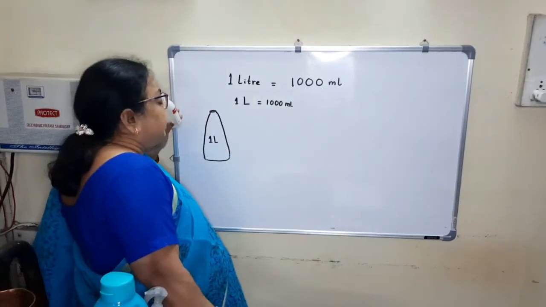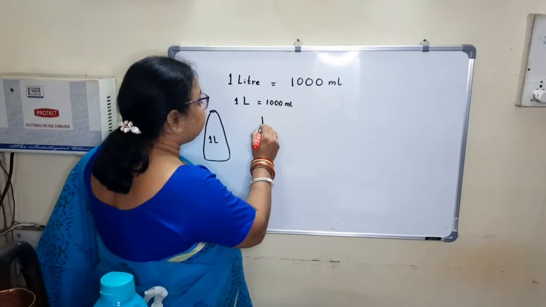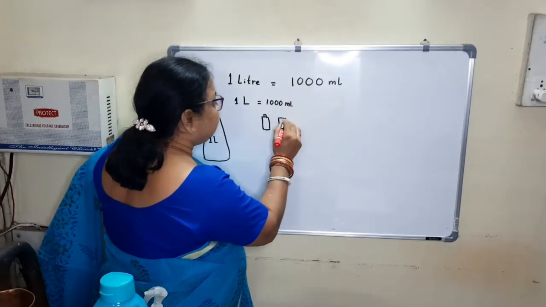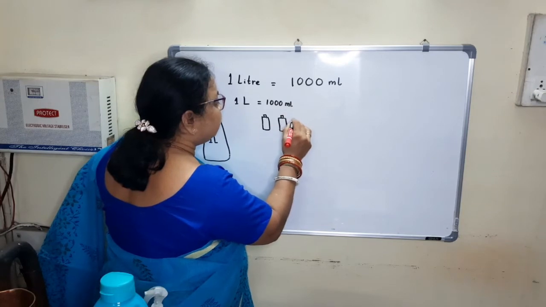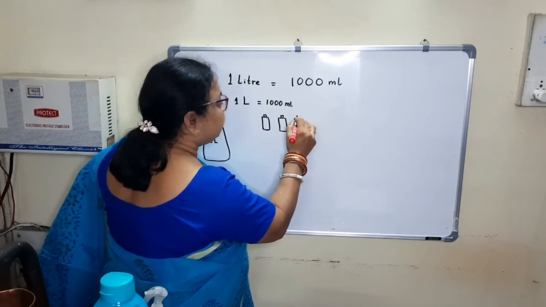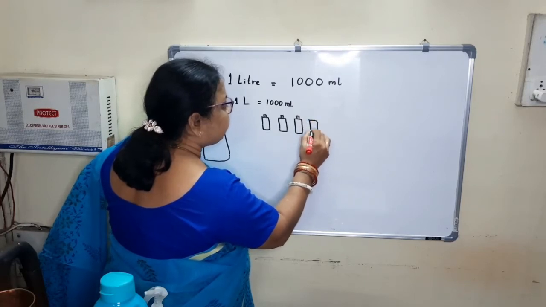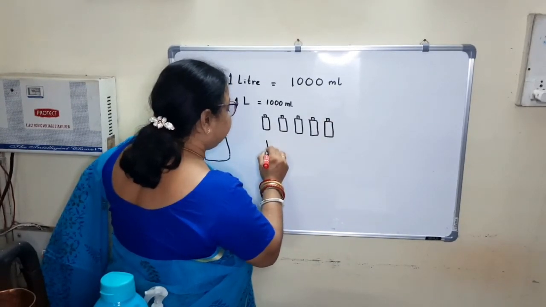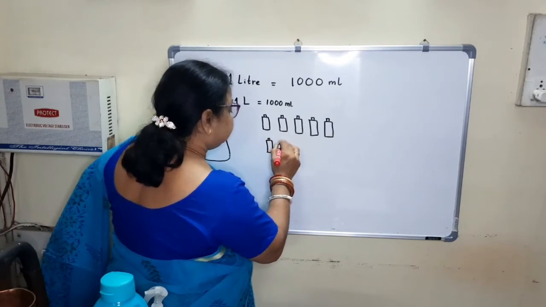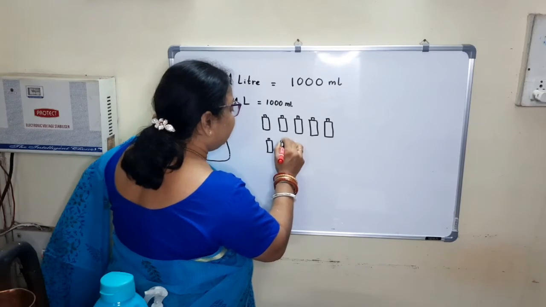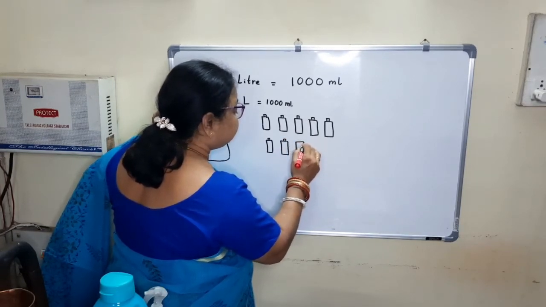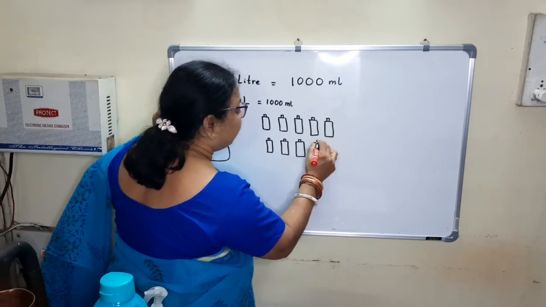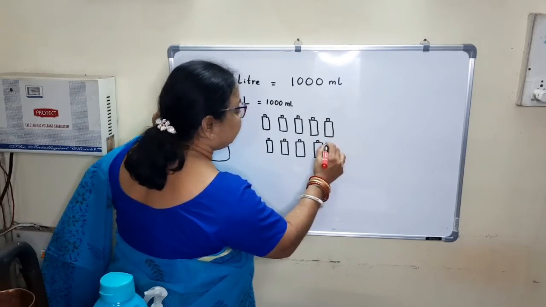So children, 10 times of this bottle: one bottle, then another bottle, second bottle, third bottle, fourth bottle, fifth bottle, sixth bottle, seventh bottle of 100 milliliter, 8 bottles, then 9 bottles of 100 milliliter of milk.